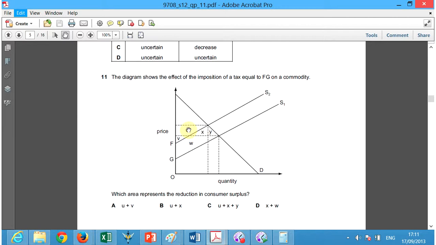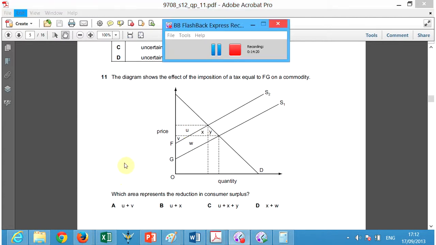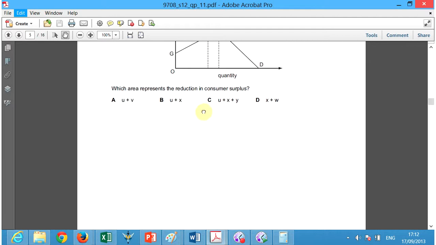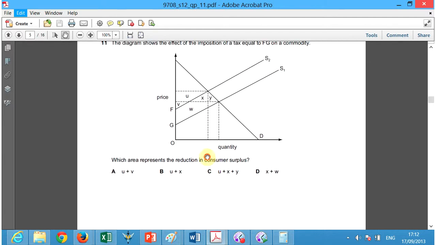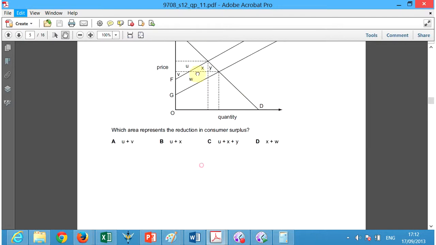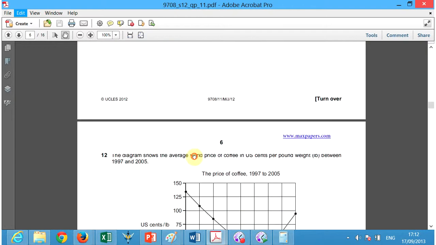So, looking at the answers, this U, this trapezoid shape here, this X, this triangle, and this Y represent pieces of this triangle that could be missing as a result. C is the correct answer here. U plus X plus Y. It cuts the triangle that is my consumer surplus.